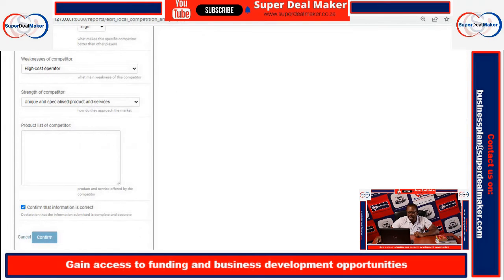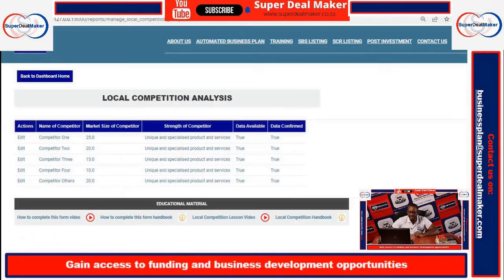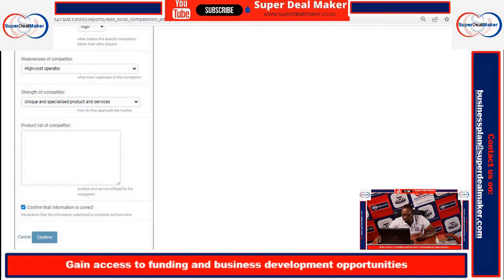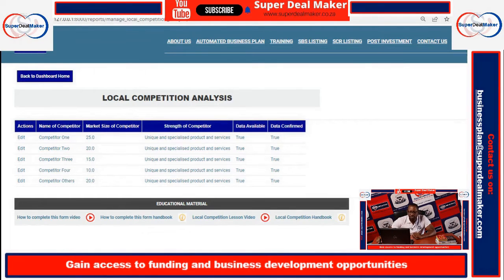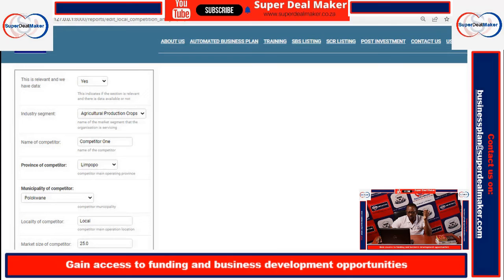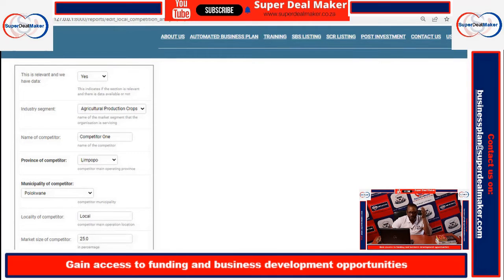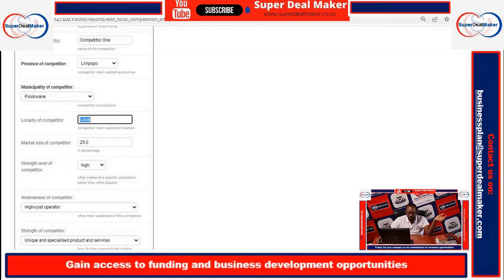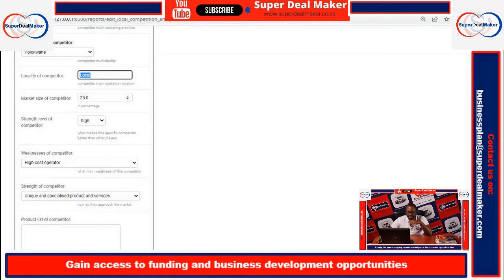You can see here I've already confirmed, but you need to go into each and every competitor and confirm the data, amending it accordingly. As you edit the competitor, you need to know the name, the province they are based in, then the municipality where they are operating from. Then this one, just leave it as local when you're doing local. Then you state their market share.